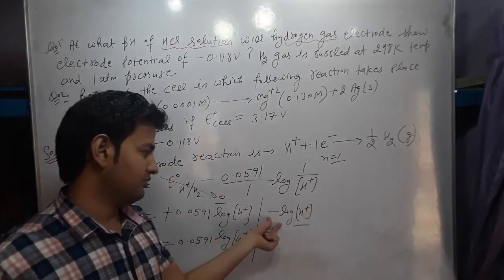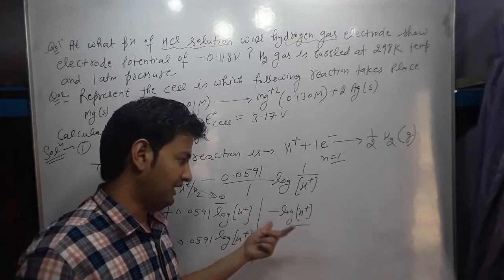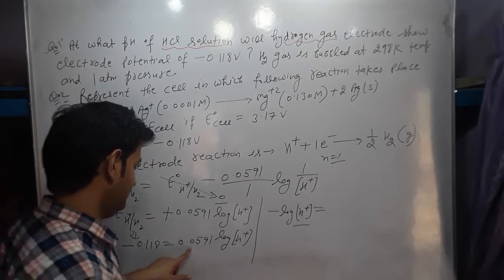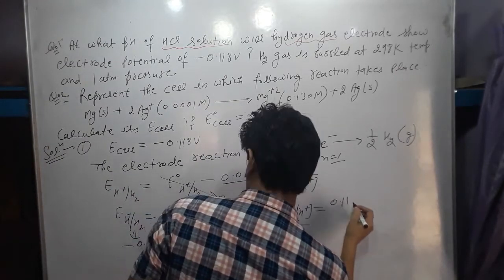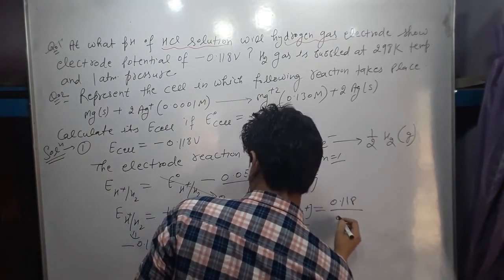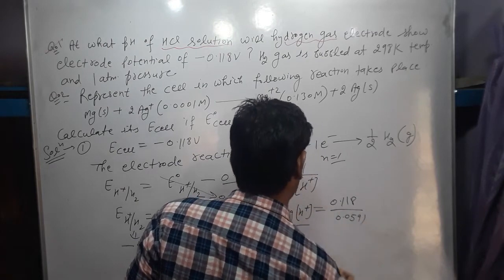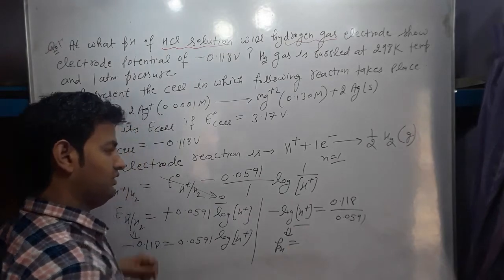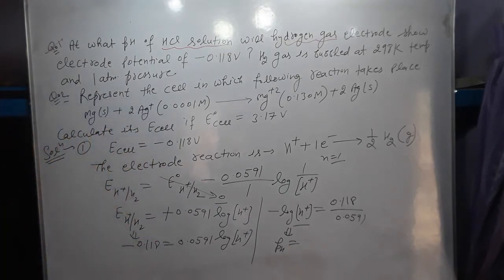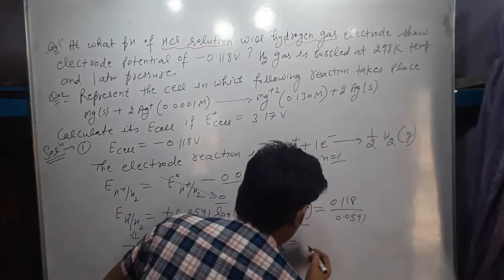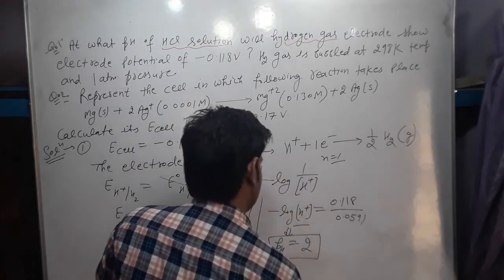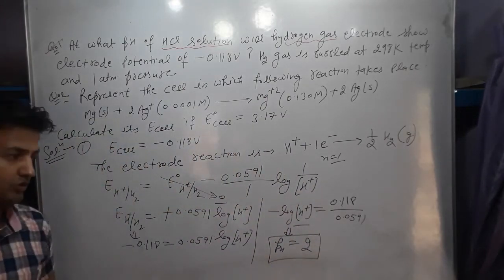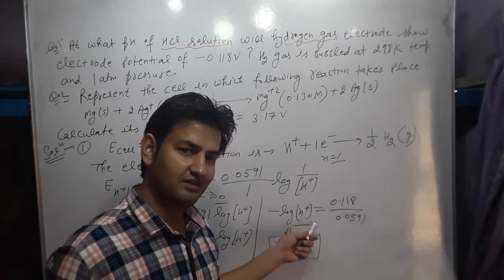Because minus log of H plus is equal to pH. So it is 0.118 by 0.0591, and minus log of this is equal to pH. Dividing, it comes out to be approximately 2. So pH is equal to 2, because minus log of H plus ion concentration is equal to pH.